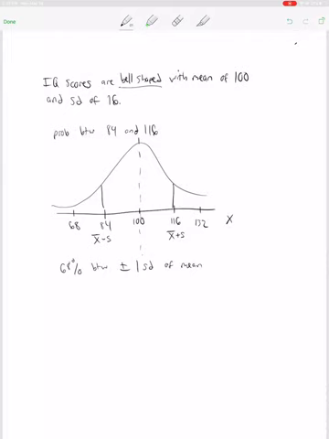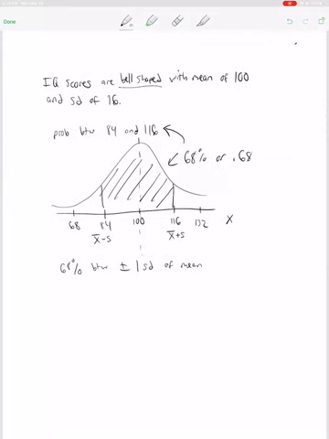So the empirical rule says that the percent of observations between these two points is 68%. And so that's the answer to this question, 68%, or 0.68.